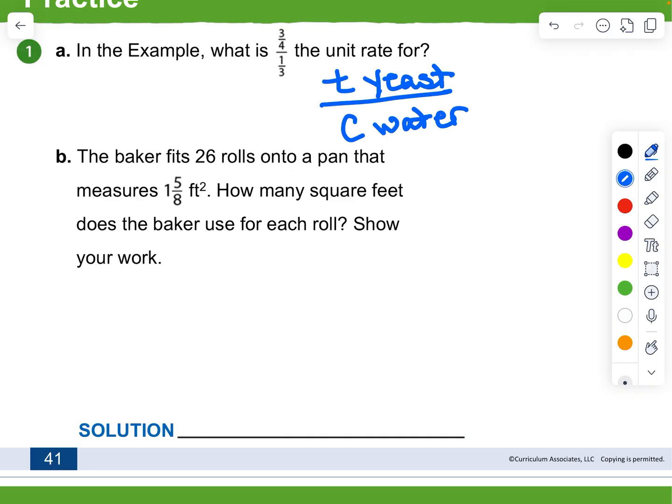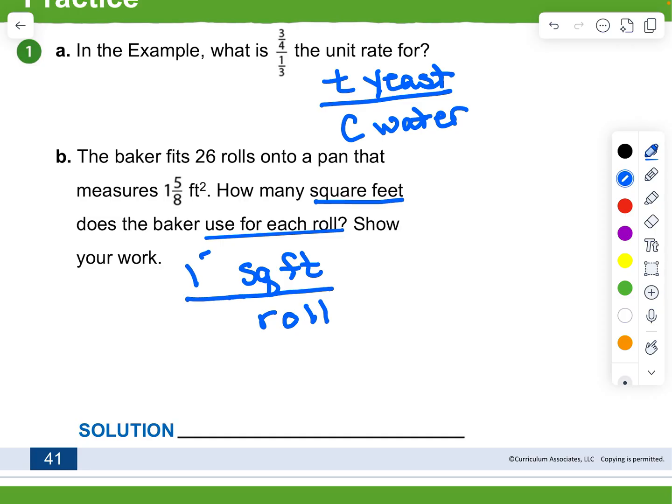So if our total is 1 5/8, and we're looking for square feet for each roll, that will help us to put our numbers in the correct place. 1 5/8 square feet for 26 rolls. What would that be for each roll?